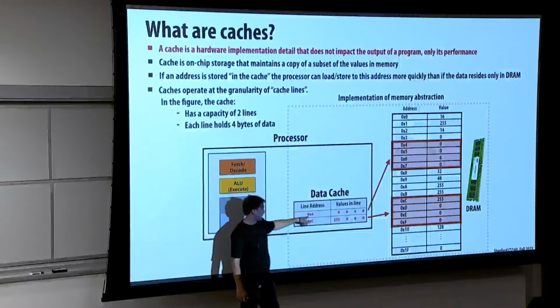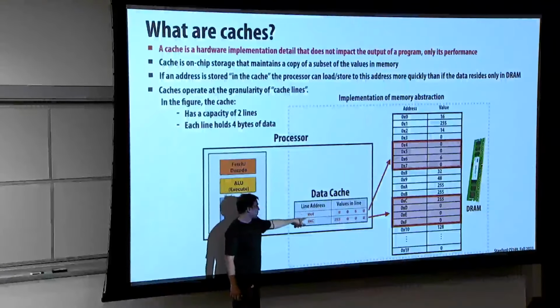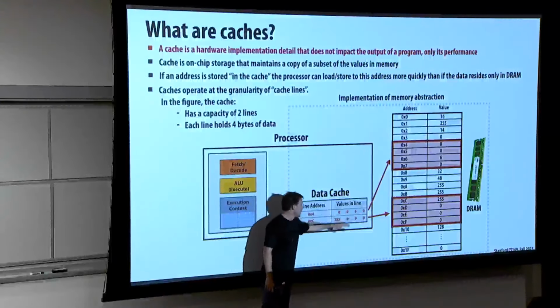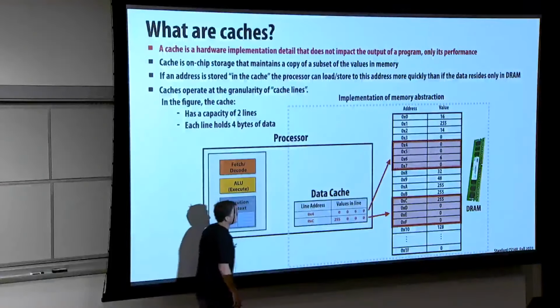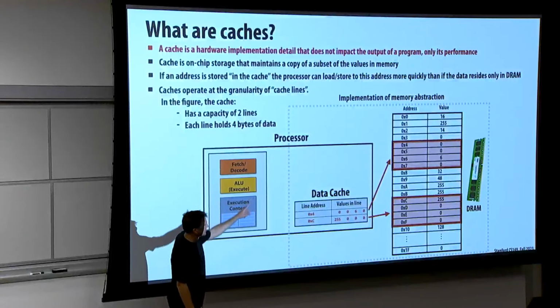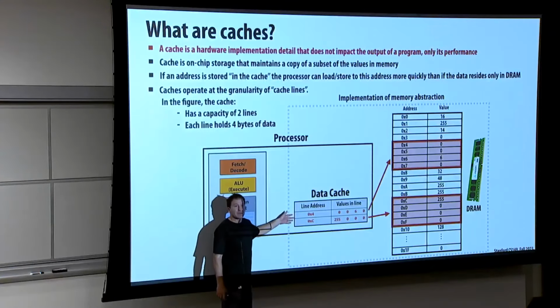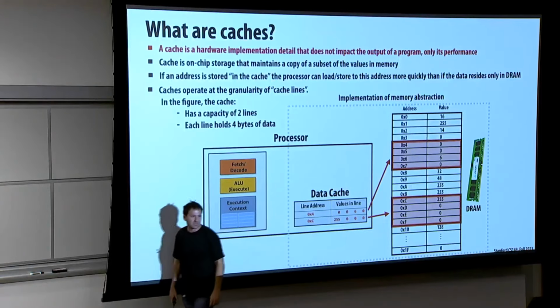Each of those cache lines is 4 bytes. The bytes stored, beginning at address 4, so 4, 5, 6, 7, are the values out in memory that are replicated in the cache. So this is a cache that has the ability to replicate 8 bytes. It's organized into 2 cache lines of 4 bytes each.